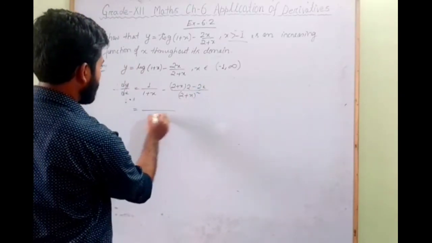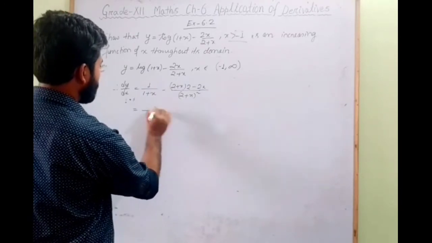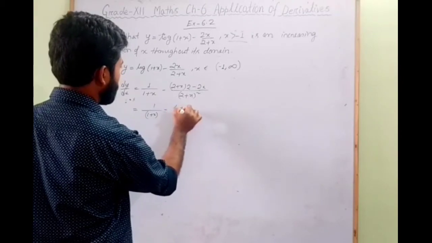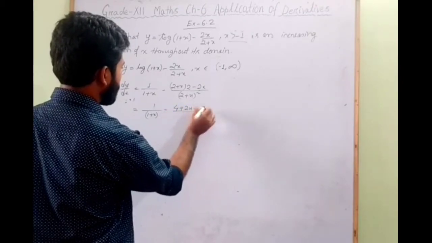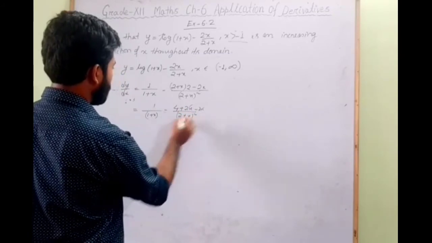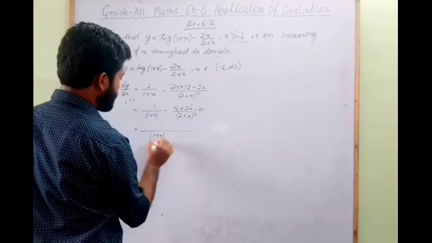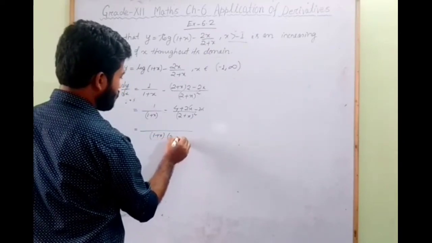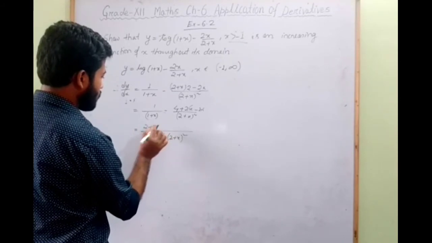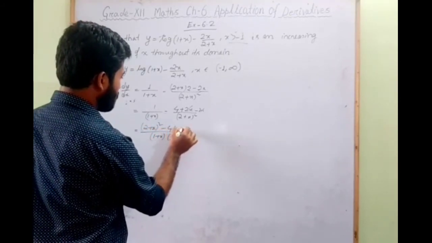So here we shall have 1 plus x, keep it same, this will be 4 plus twice x minus twice x. You can cancel out this 2. In the next line, take LCM, 1 plus x, 2 plus x whole square, this will go up, 2 plus x whole square minus 4 into 1 plus x.